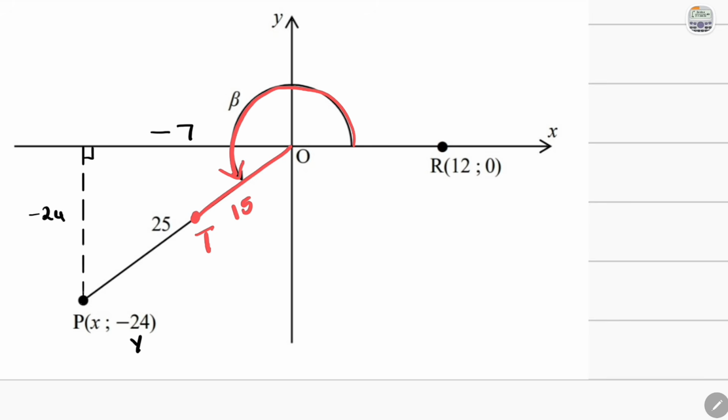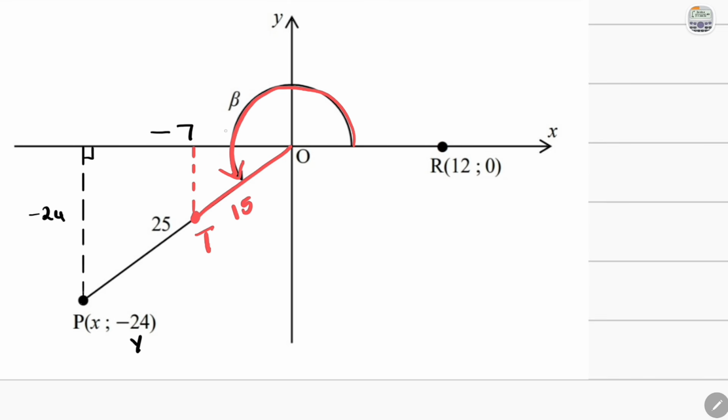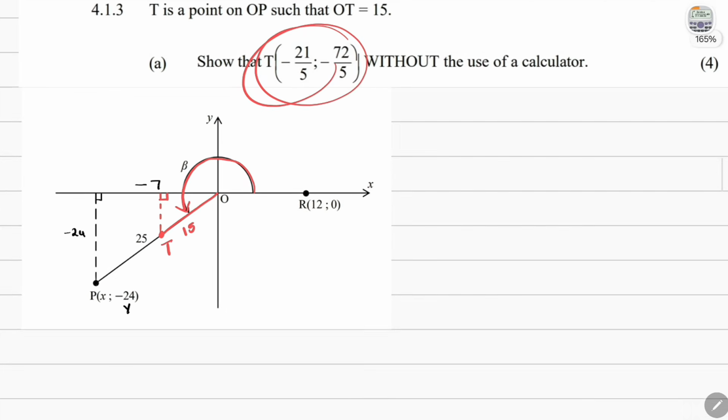So if you were trying to find the size of sine beta in this new triangle, which we find by drawing a line up to the x-axis, perpendicular to the x-axis, of course, as a dotted line, sine beta, cos beta, tan beta would still be exactly the same here, because they refer to the same angle. It's all based on the size of the angle. Since it lies on the same line, they have the same size.